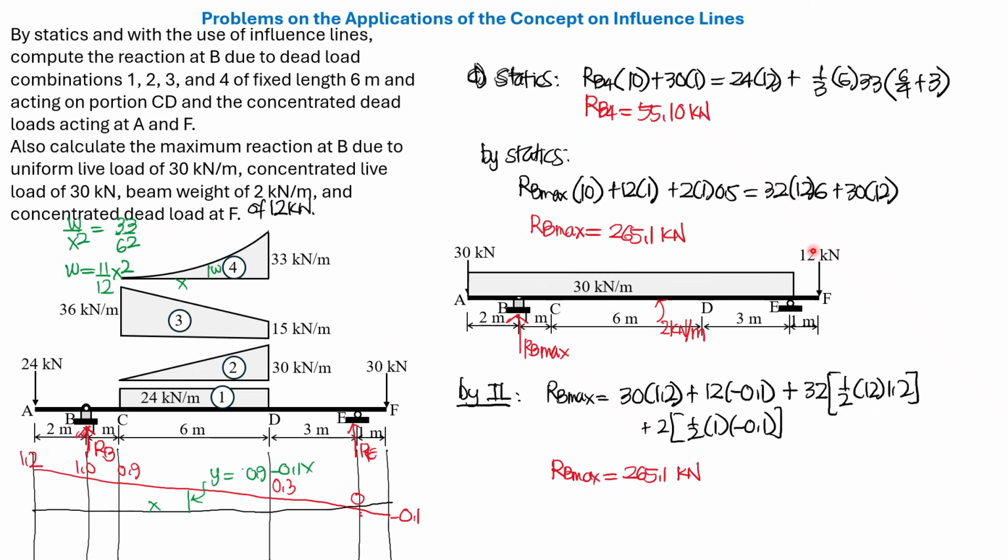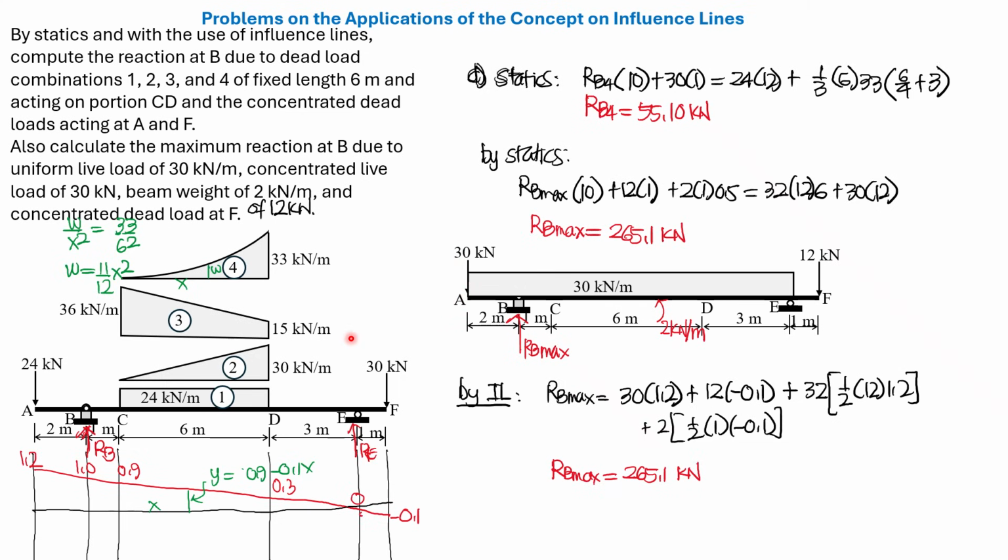So there is 12 kilonewtons here, dead load. After looking at the influence line for reaction at B, we must load the portion from A to E only with the uniform live load of 30 kilonewton per meter. The maximum ordinate is at A, so we place the concentrated live load of 30 kilonewtons there.